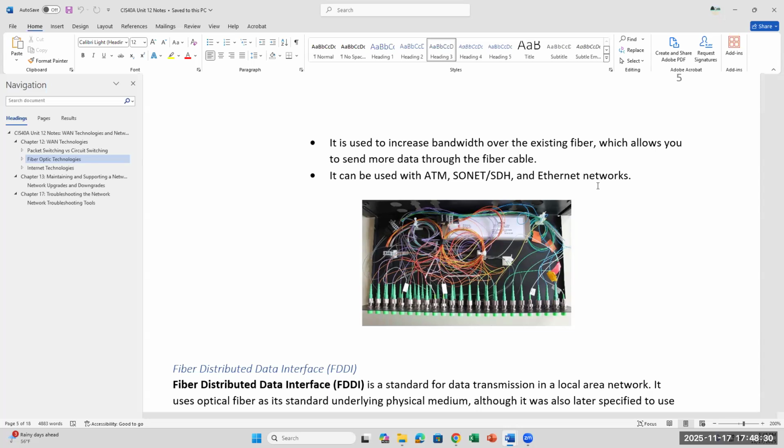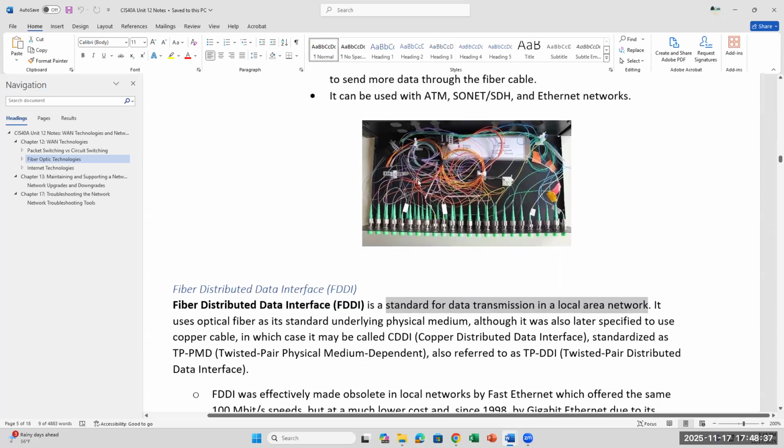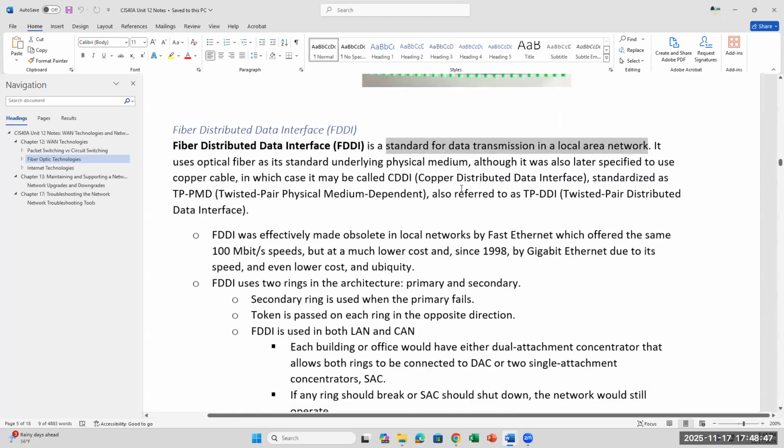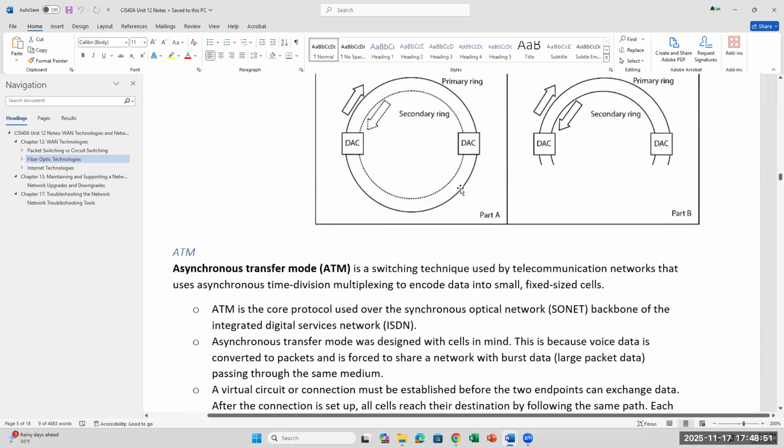So your FDDI, which is your standard for your data transmission into your private network. So think about that cable box. That's a way that we can interface with the fiber into our physical rack. Okay? And then the primary ring and so the inner ring, you can see it this way.